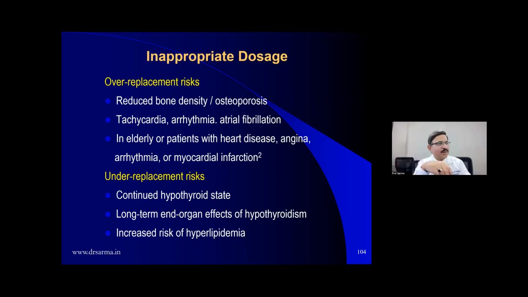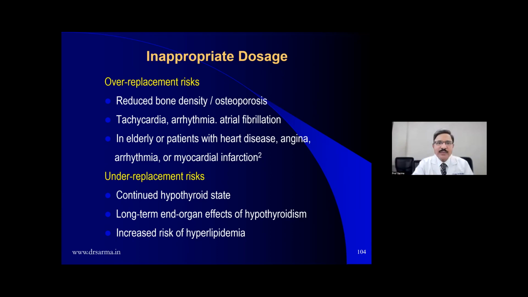Under-replacement risk: continued hypothyroid state, long-term end organ problems, and increased risk of hyperlipidemia. So it's like a balance. It should not be more, it should not be less. Titrate using the TSH. The needle of the balance is the TSH. If the TSH is going lower and lower, reduce the thyroid. If the TSH is still higher and higher, then increase the thyroid.